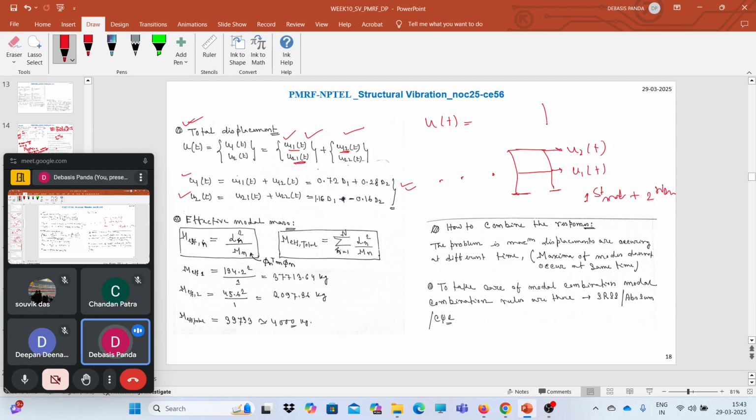Now the total response will look like this, like say u1 of t, the displacement corresponding to the first degree of freedom. This is the t ordinate, this is u of t, and u2t will also look like this. The final response t versus u2t. This is the displacement due to the first story. This is the displacement in the second story due to the two modes, considering two modes.